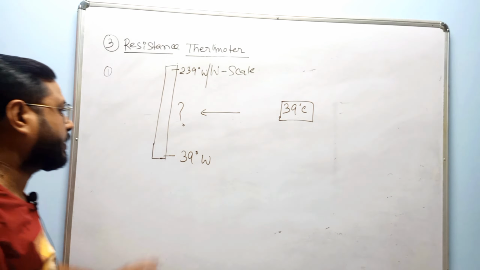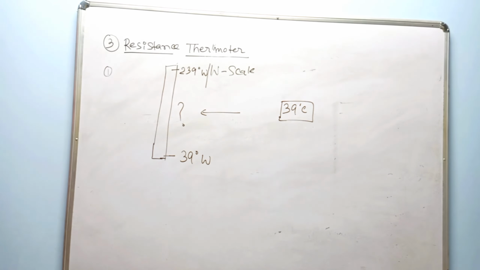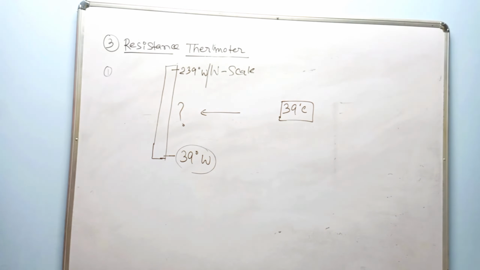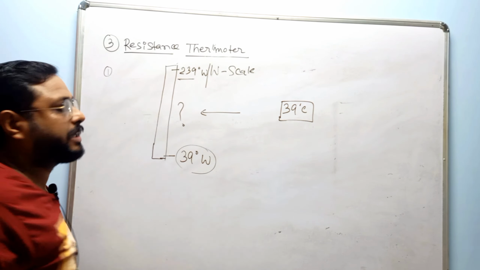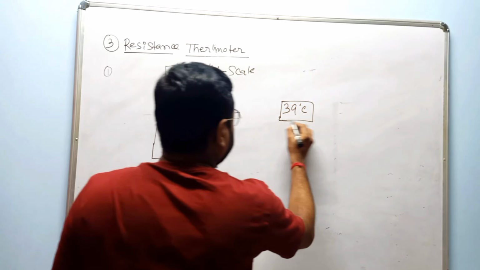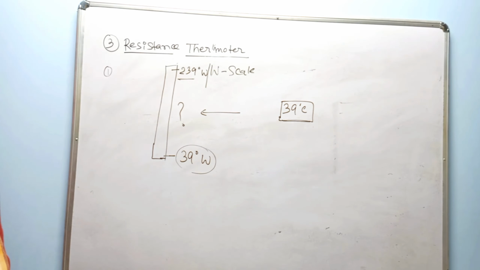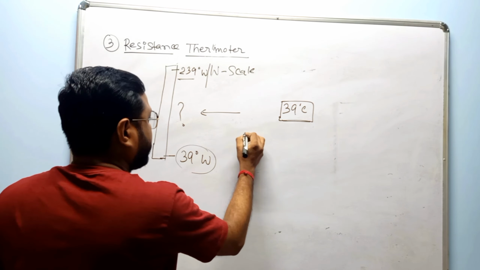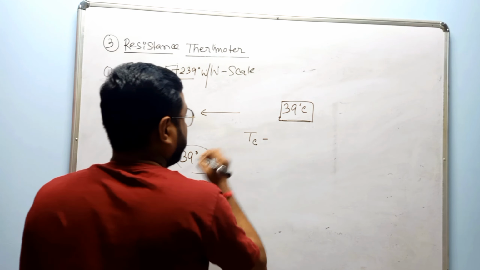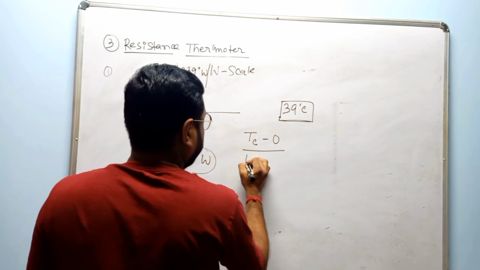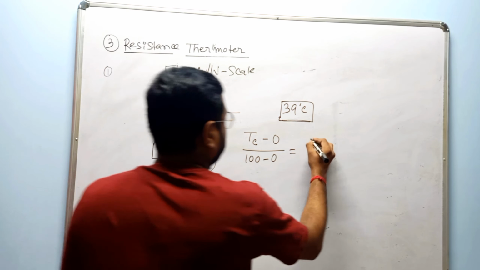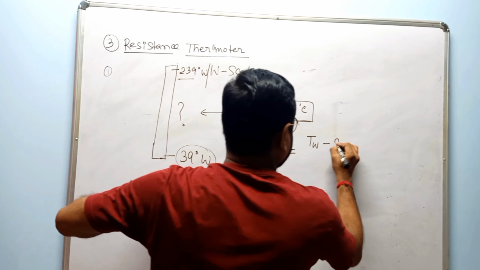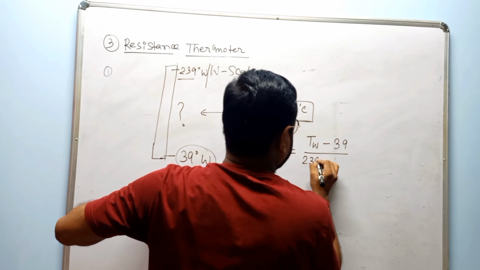I hope you understand. Let me say it once in Hindi. There is a new scale in which the freezing point is 39 degree W and the boiling point is 239 degree W. So what will be the value of 39 degree centigrade? For this we have to apply the technique: (TC minus 0) divided by (100 minus 0) must be equal to (TW minus the lower fixed point 39) divided by (upper fixed point minus lower fixed point).